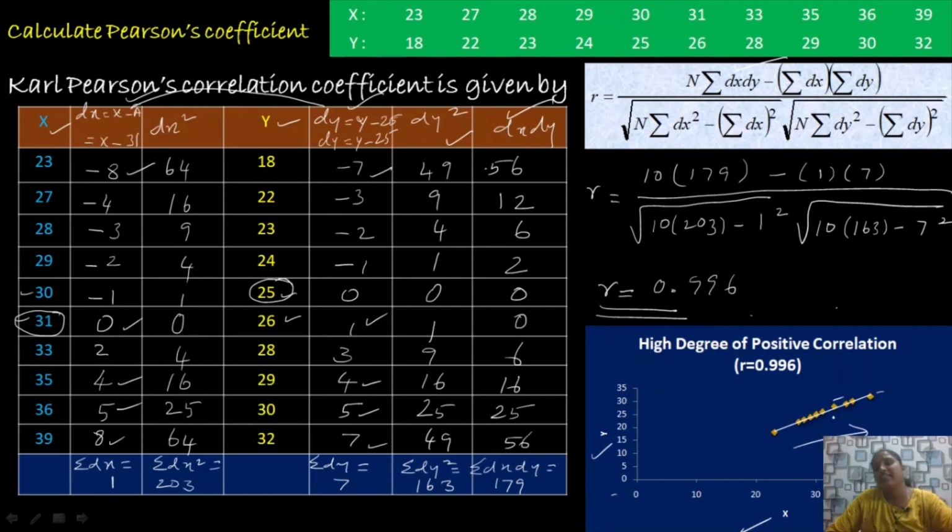Based on this diagram, our interpretation is that there exists a high degree of positive correlation, but after calculating Karl Pearson's coefficient, we get a good idea about how strong the relationship is between the two variables x and y. That is, R is equal to 0.996, so there exists a strong relationship between the two variables x and y.